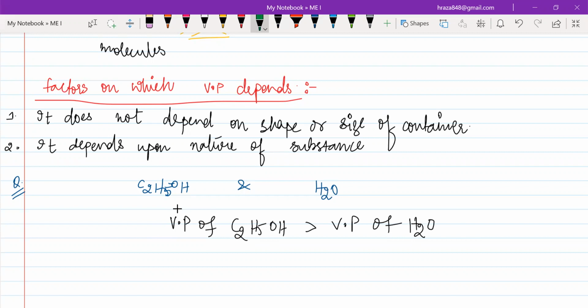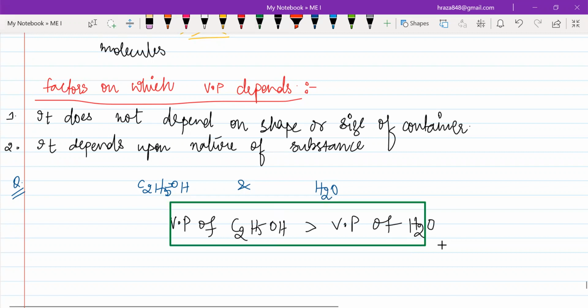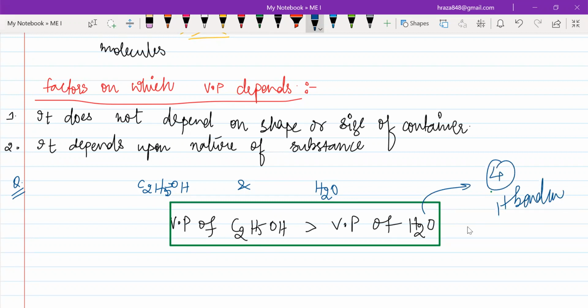See, this is what you will see. The vapor pressure of C2H5OH is greater than the vapor pressure of water, because in water we have four hydrogen bonds. One molecule of water will make four hydrogen bonds, and here hydrogen bonding will be there, but lesser than H2O.